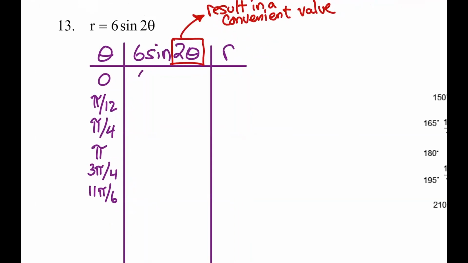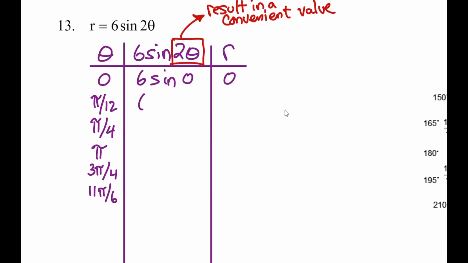All right. So 6 sine of 0, 2 times 0 is 0, sine of 0 is 0. So we're going to start off very nicely with 0, 0. Beautiful. All right, so that's good news. All right, then pi over 12, 2 times pi over 12.